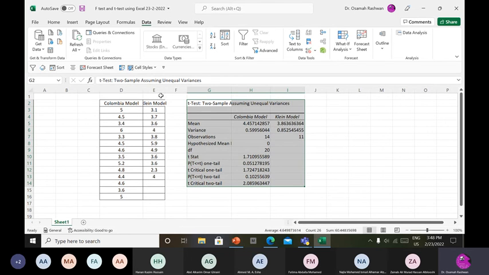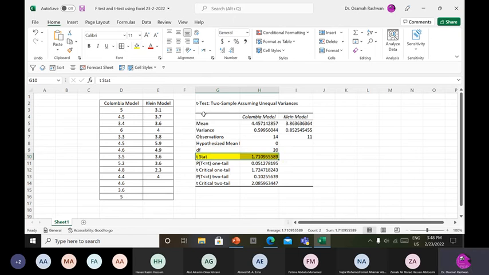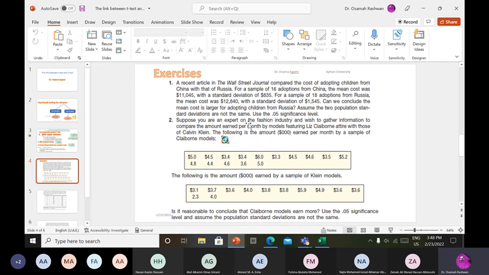As Briansh has done yesterday, I can shade what I need to say. Yes, this is the t-stat. Okay, and this is the t-critical for one tail or two tail. I have to go for, yes, the question is, did he give you anything? Yes, the keyword here is larger.